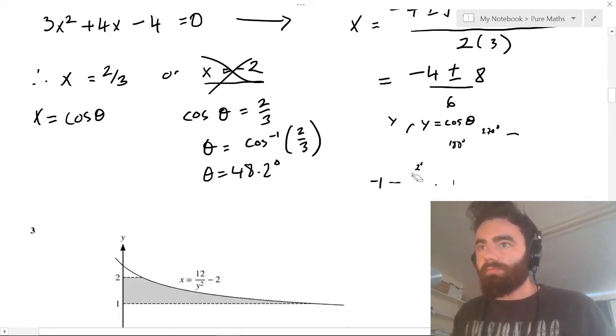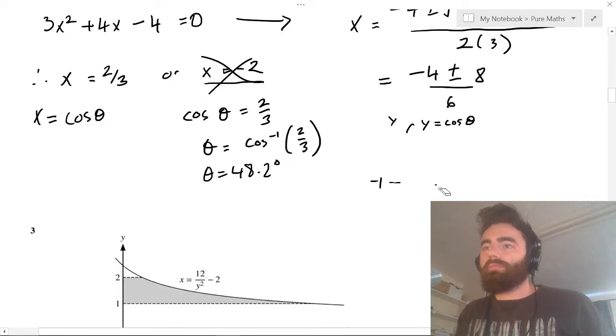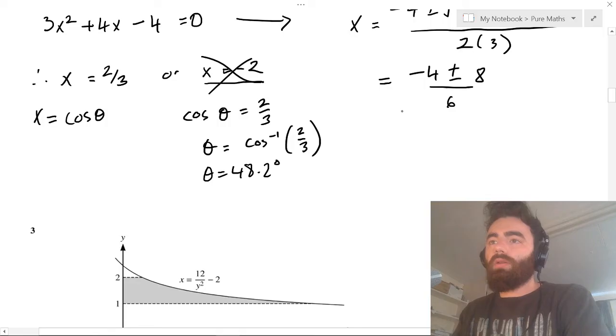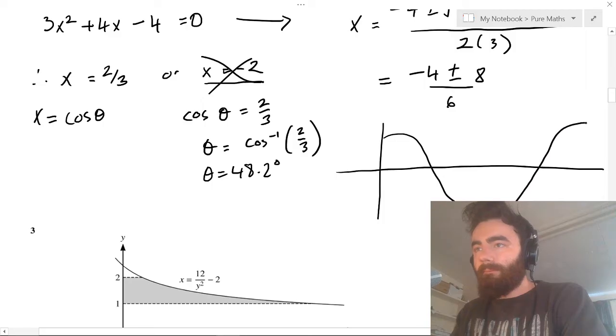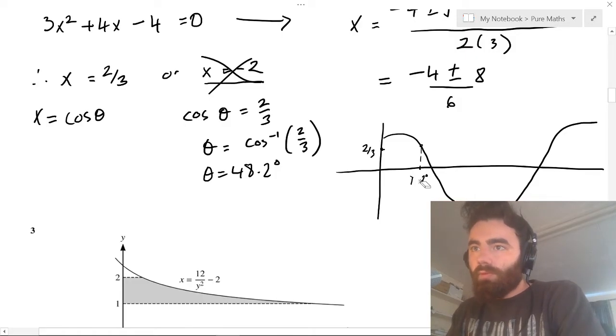I'll make it a little bigger. Why not? We've got time. So we've got this graph here. So this is 2/3, and it's given us one of the solutions as 48.2 degrees. Probably looks more like up there, to be honest.